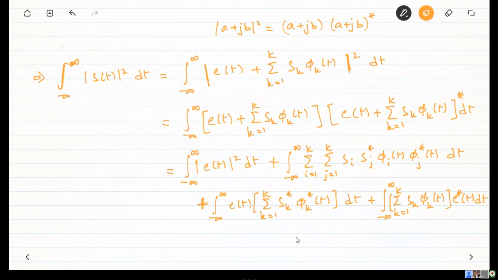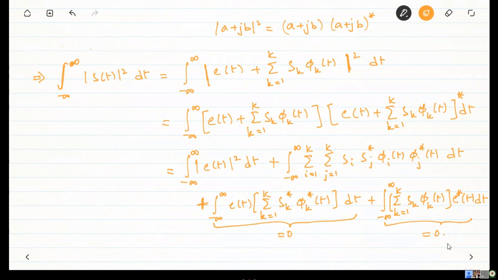Now, what I claim is this integral will become 0, and this will be 0.